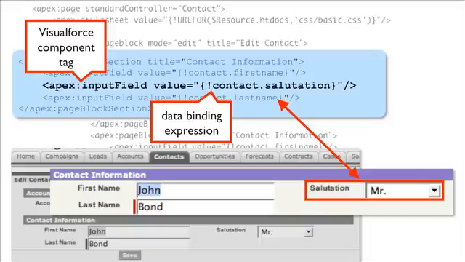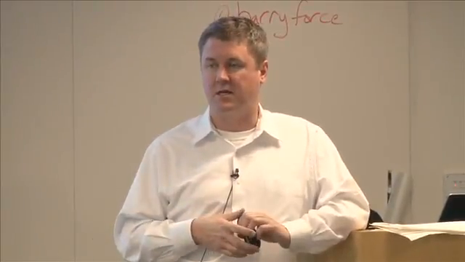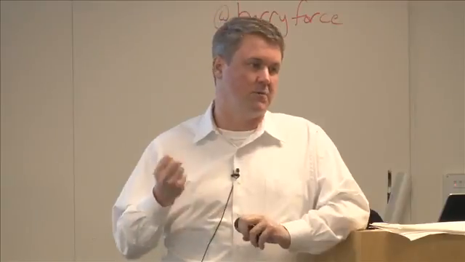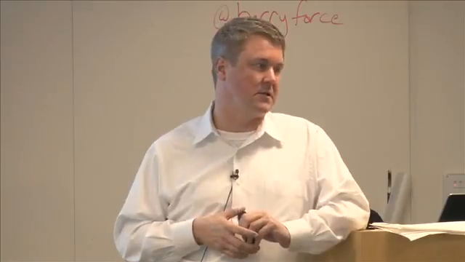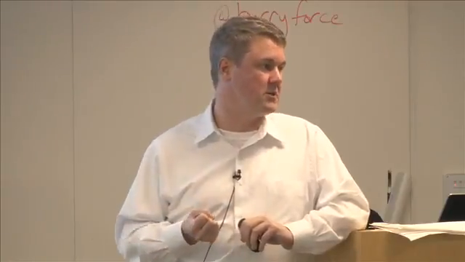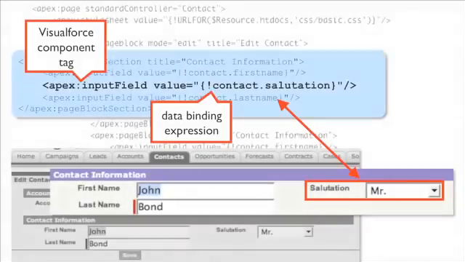In the case of using a standard controller like we're doing here, we have essentially an instance variable which is based on the name of the object. Since this is a contact page, we have an instance variable called contact. And we can use dot notation to access a field. So in this case, we're accessing the salutation field.